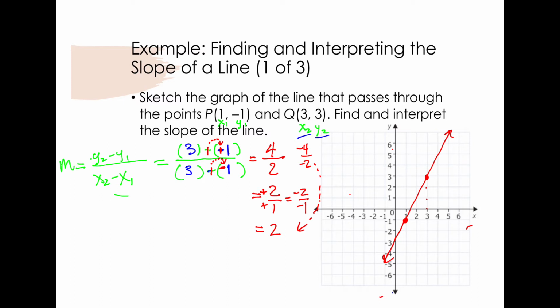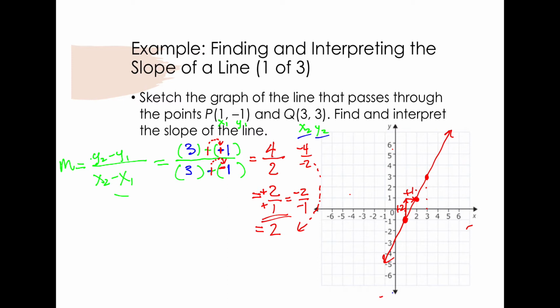Graphically, when we look at this, I want you to notice, if I'm taking it from the positive 2 over positive 1, if I start at any point along the line, and we know that 1, negative 1 is one of my points, that if I go up 2 from this point, so 1, 2, and then to the right 1, because of positive 1, that's change of y over change of x, so up 2 to the right 1, you'll notice I'm at another point on my graph.